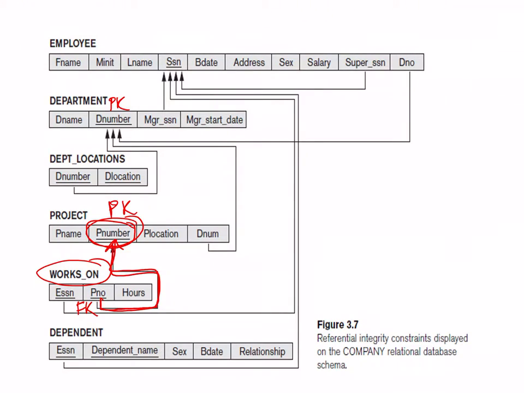In this particular table there are only these fields, but other than project number, if I want to fetch project name, project location, department number, and so on, I can fetch that from the other table to which it is connected via the project number, the field or attribute.